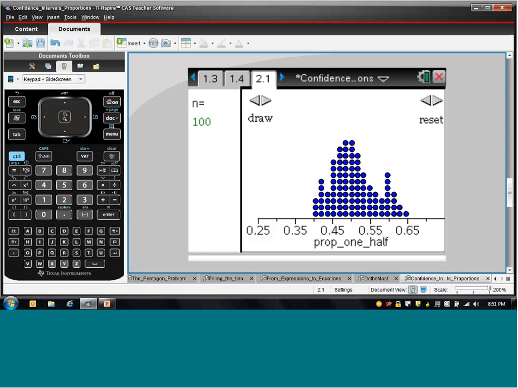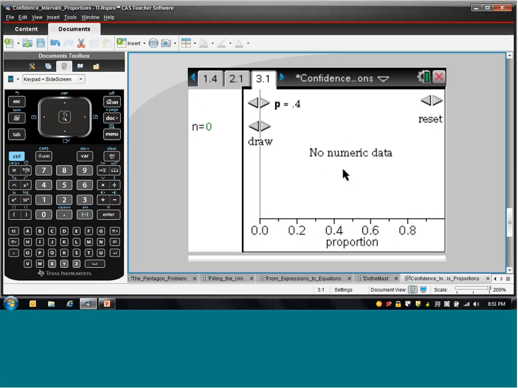Let's go to the next page, 3.1. I'm going to look, okay, 0.4. Suppose my population percent was 0.4. I knew that 40% of the population was male. Let's look at a simulated sampling distribution of the proportion of men, drawing 62, looking at the number of men in each of those.